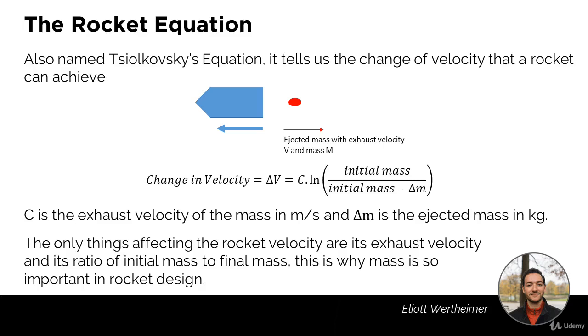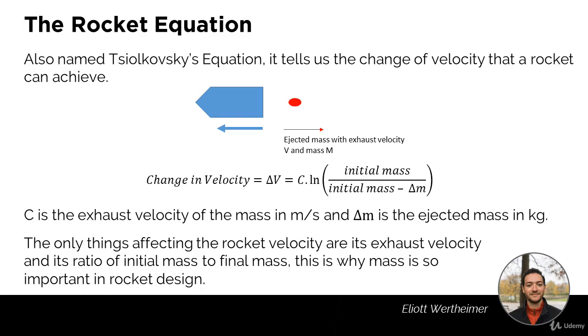So the equation is written such that the change of velocity, delta v, is equal to the exhaust velocity c times the Neperian logarithm of the initial mass of the rocket over the initial mass of the rocket minus the mass of fuel ejected, written delta m.